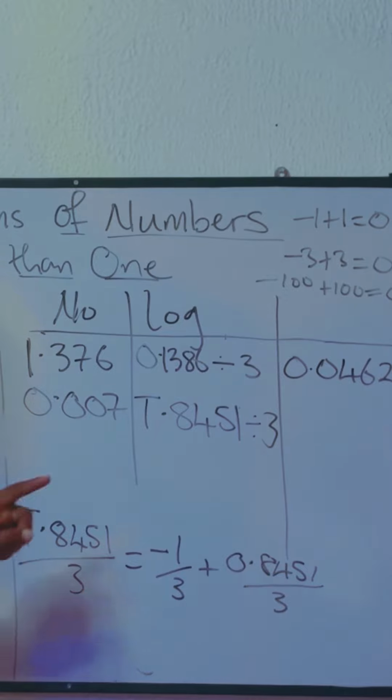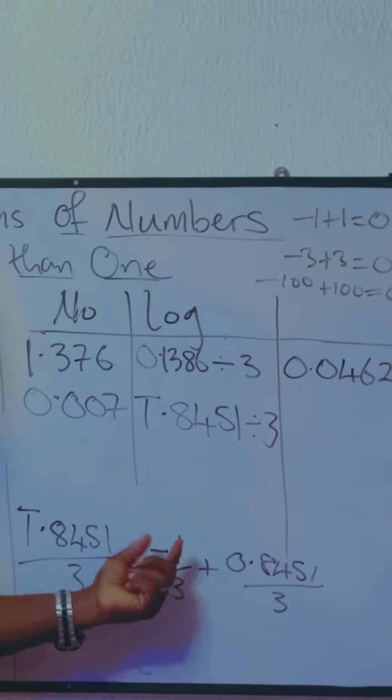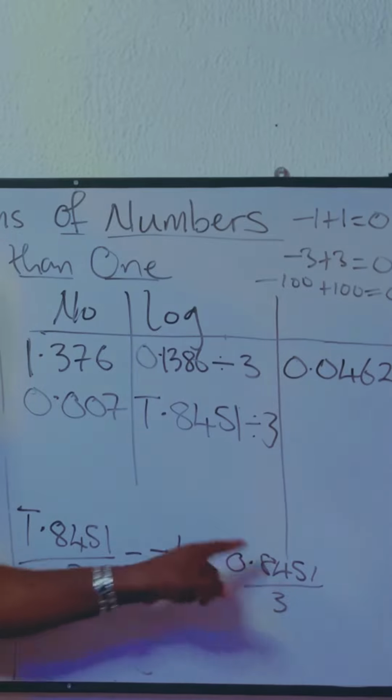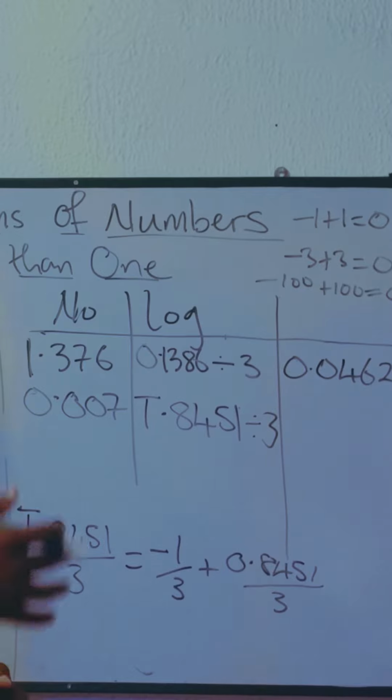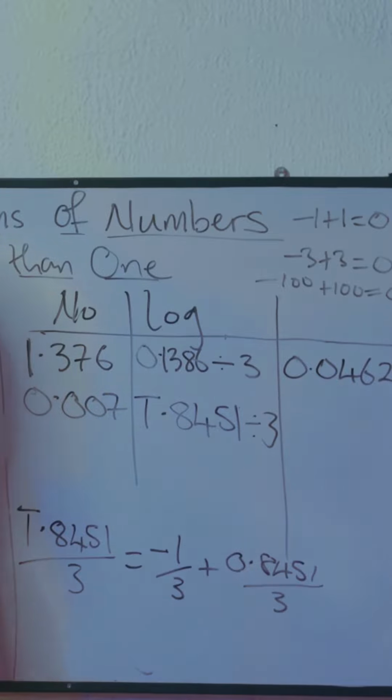Instead, I'm going to add something to this minus 1 that will make it become minus 3 and add the other part to this such that it will become the same number minus the same number plus the same number, which equates to 0. So it's going to change the look, rather, but it's not necessarily going to change the value of this fraction.